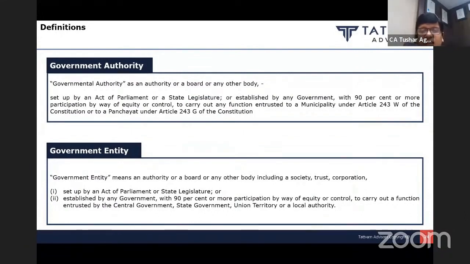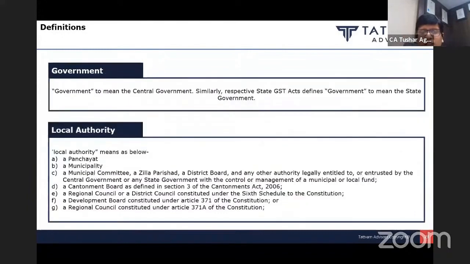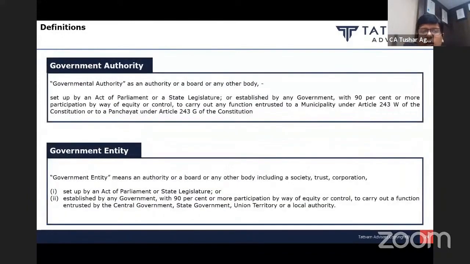So friends, all those works contractors, EPC contractors who are into this business, please look at the identity of your customer. Please check whether they are government, whether they are local authority, whether they are governmental authority or government entity. If they are governmental authority or government entity, the rate of tax has changed from 12% to 18%.